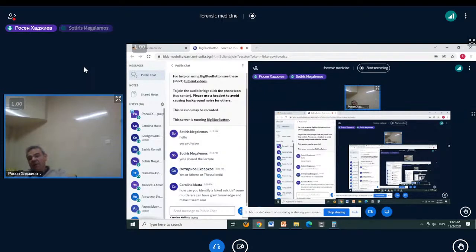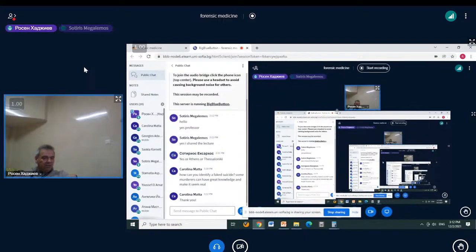Or some small unburned particles of gunpowder left by the muzzle of the gun, embedded in the skin of the hand. It's comparatively easy, not so difficult.